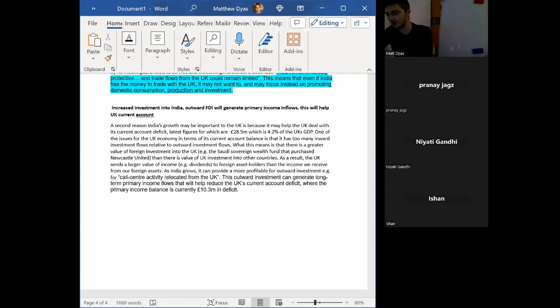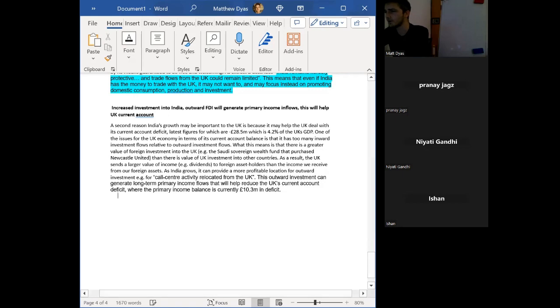Attractive is not quite specific. Whereas really, it's important that it's more profitable, because if it's more profitable, then the dividends received from the investments will be larger. So this helps the idea of primary income flows coming in make sense. If India is growing more, we can get more profits from investing in India, and that's going to generate a larger income for the UK economy.